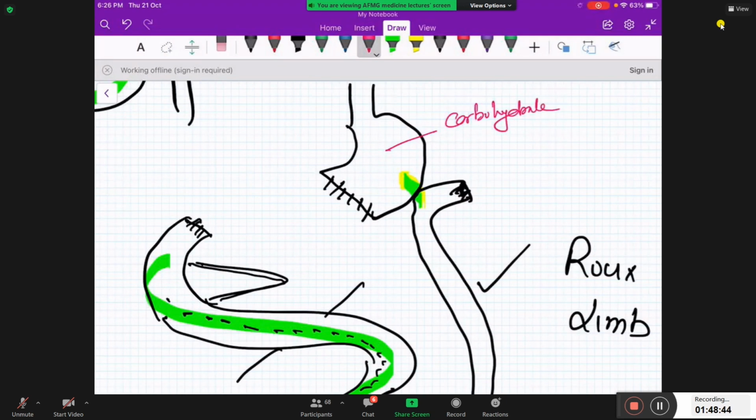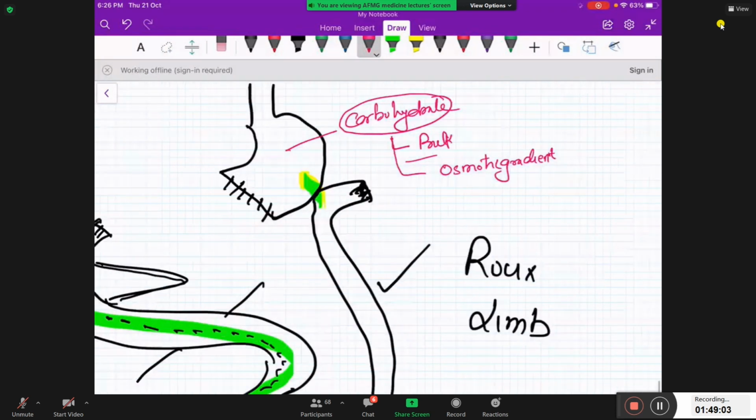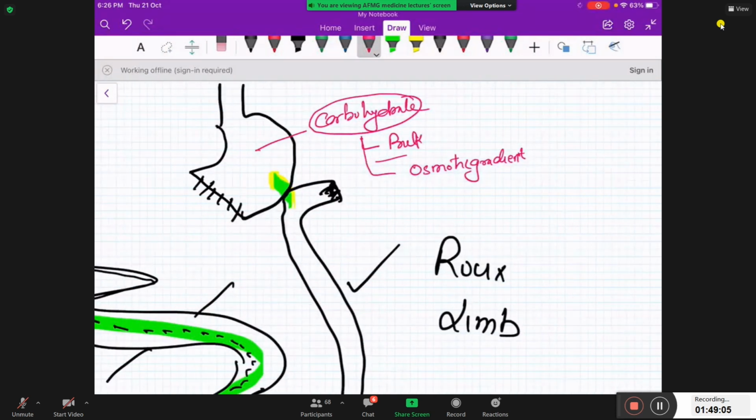You all know that, right? And this carbohydrate not only adds bulk to our food, it also adds an osmotic gradient to our food, making it highly osmolar.